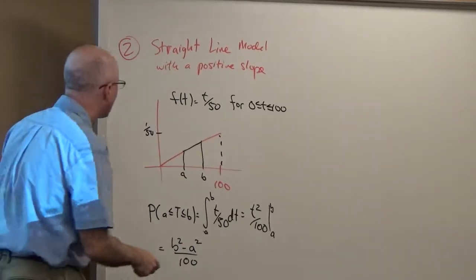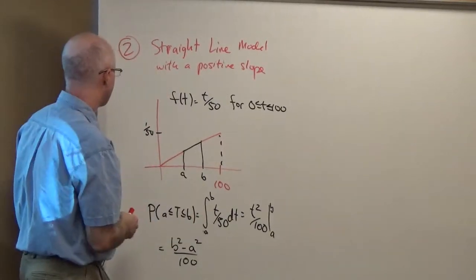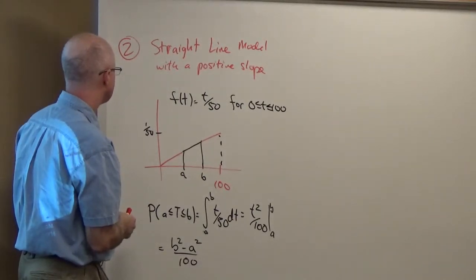Because then at 100 it'd be 2. The equation, why is it t over 50? That's the problem, thanks.